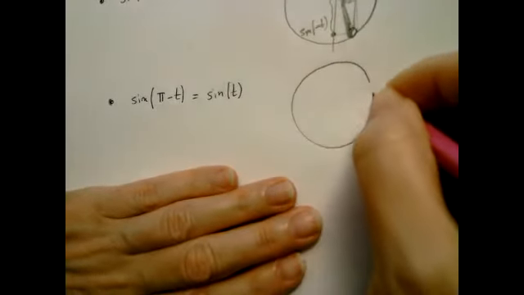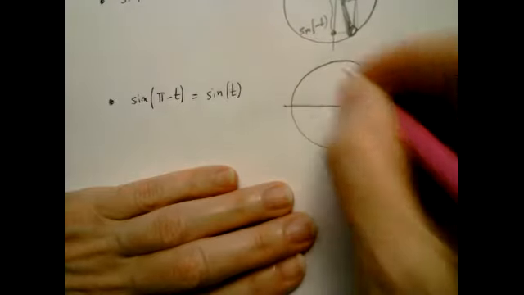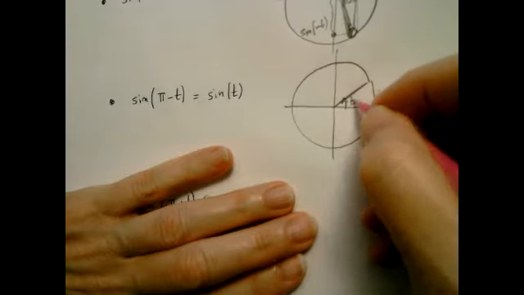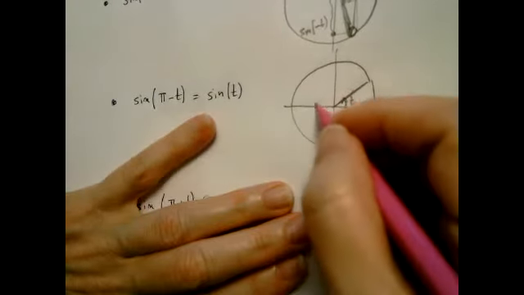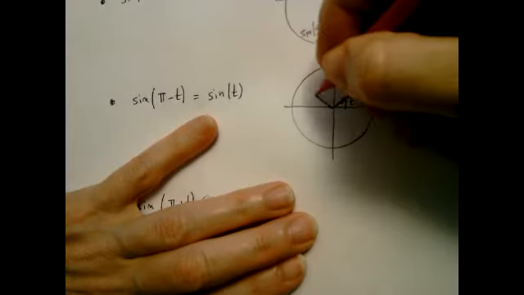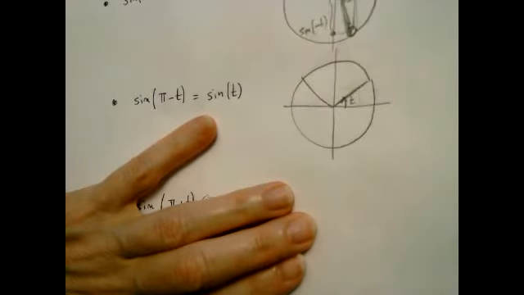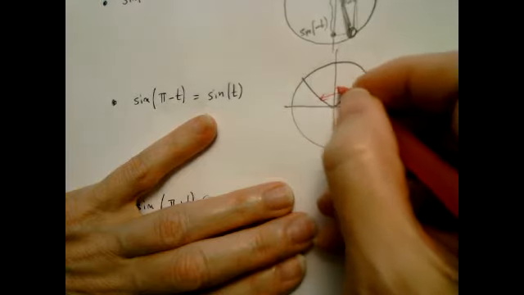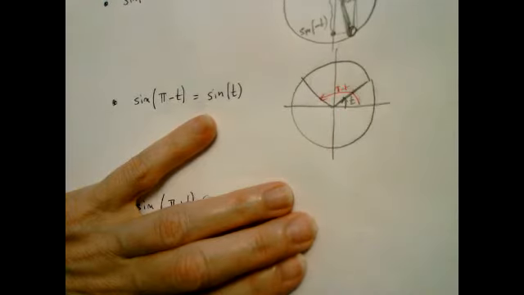Okay, Nick, all right. So let me see if I agree with everyone. Suppose I take the angle t, that's my t. What's pi minus t? Pi is up to here. I'm gonna take the same angle t from it. So let me draw it. This one here is the pi minus t.